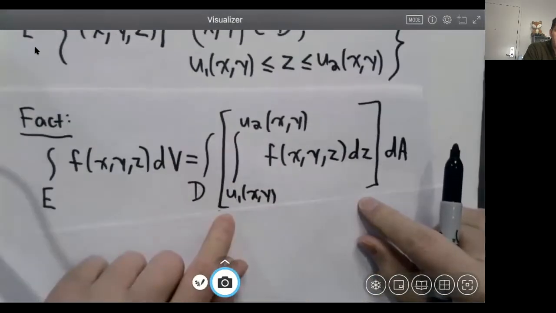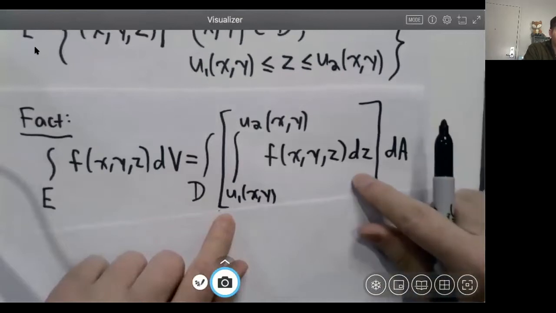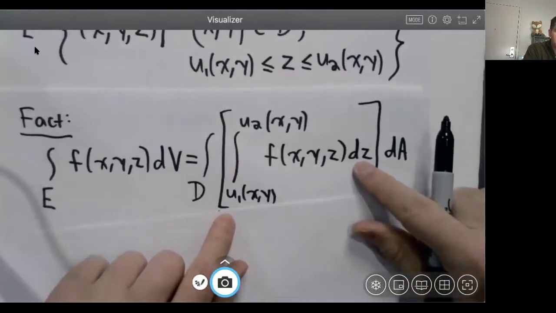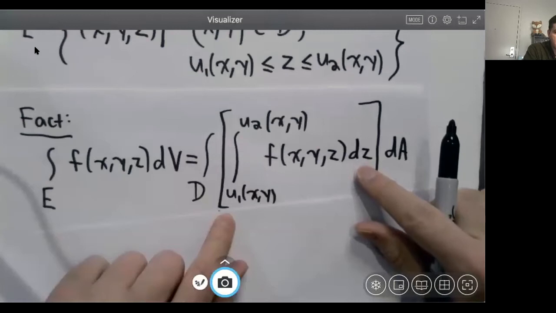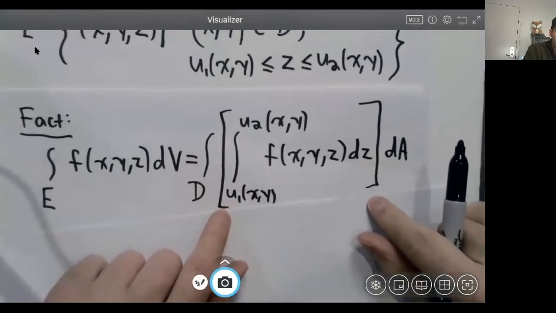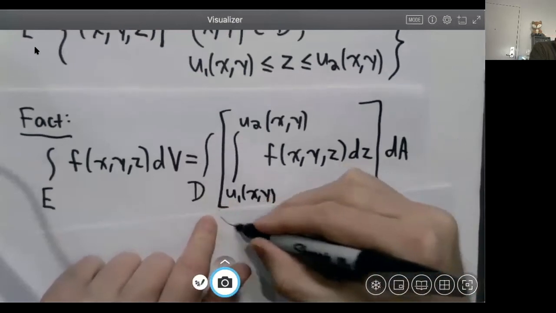This expression can be viewed as a function of x and y. I give you x and y, and you perform this integral with respect to z, holding x and y fixed, and the result is a number. So we can view this expression as a function of x and y.